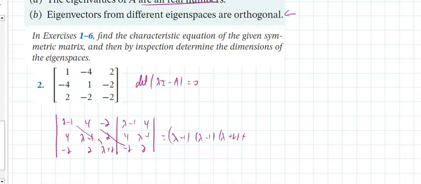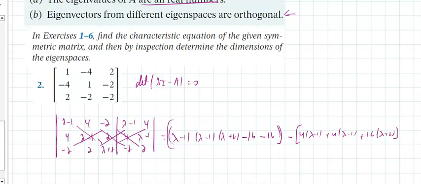What is that? That's a negative 16 and a minus 16, minus 4 times lambda minus 1, plus 4 times lambda minus 1, plus 16 lambda plus 2.